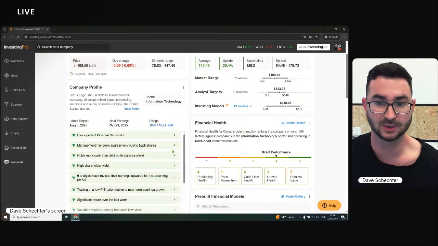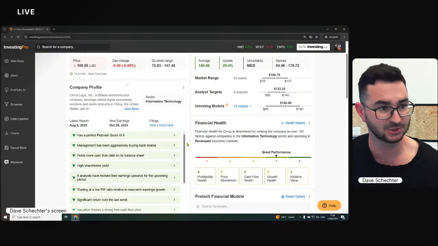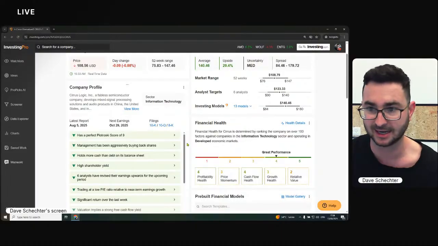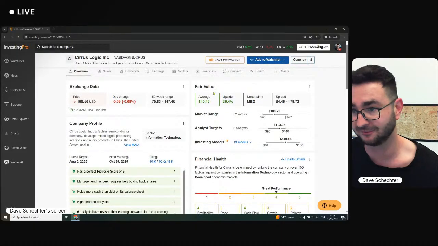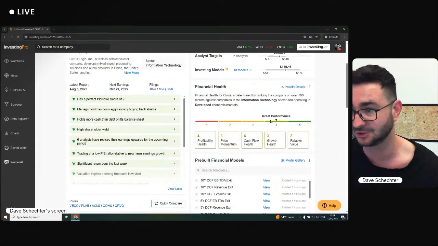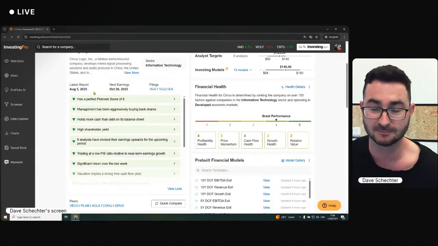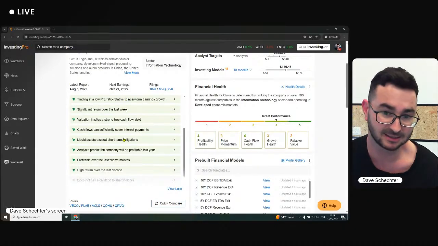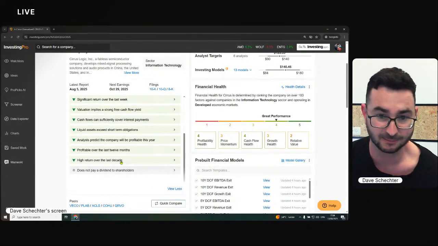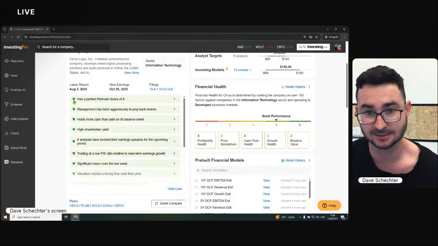This is a massive time saver, especially when I'm initially vetting a stock idea. As I mentioned, the fair value looks pretty good, the financial health looks great. I come to the ProTips to see if the system is flagging anything right off the bat, and it doesn't look like it is.